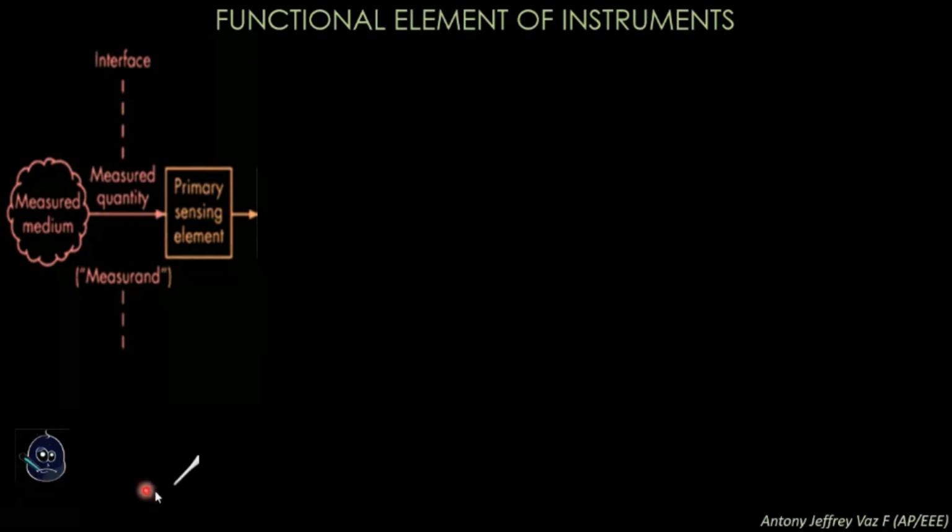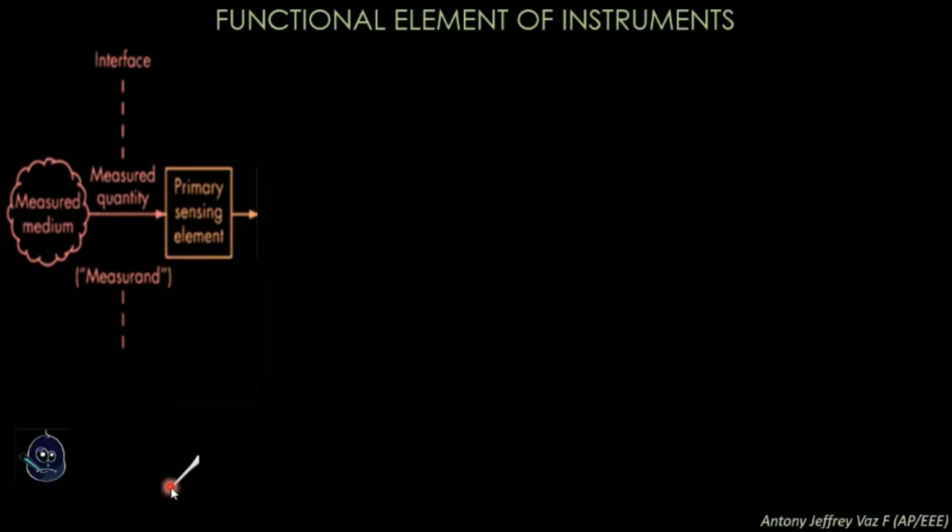So this tip material is the primary sensing element, and it should have the property that, in case of temperature, it is able to conduct the heat energy easily from the body. So this type of element should be used as the primary sensing element in case of a thermometer.